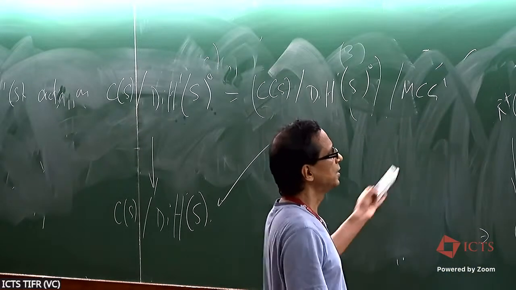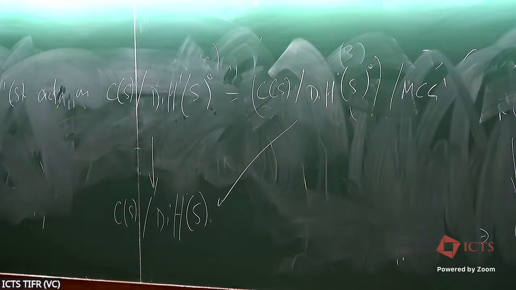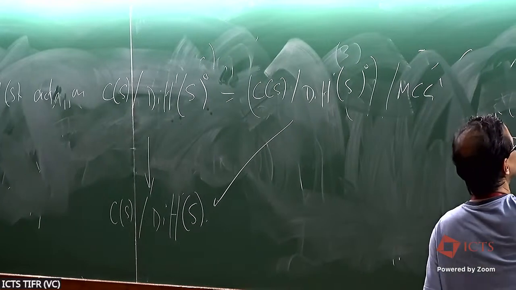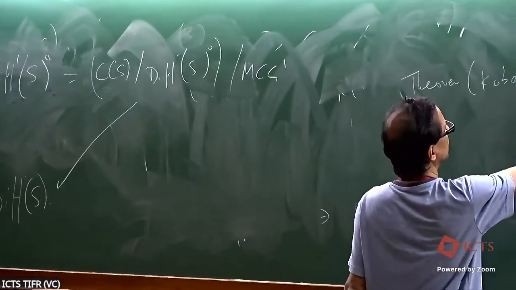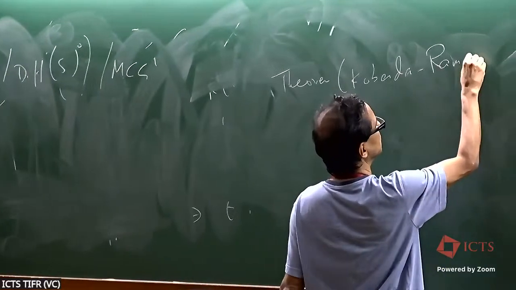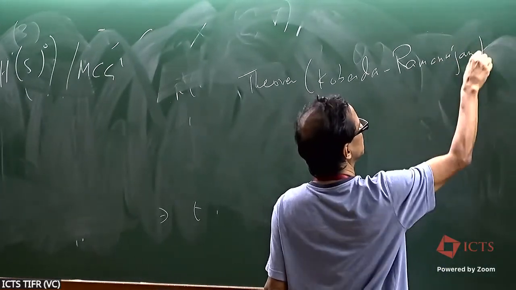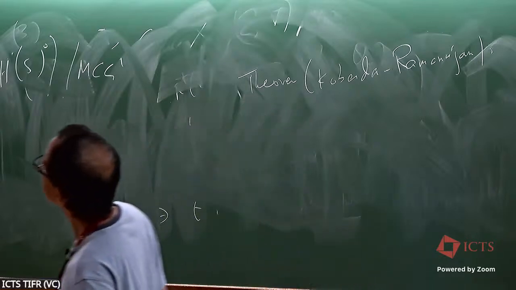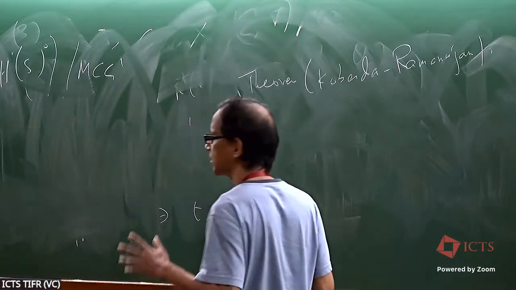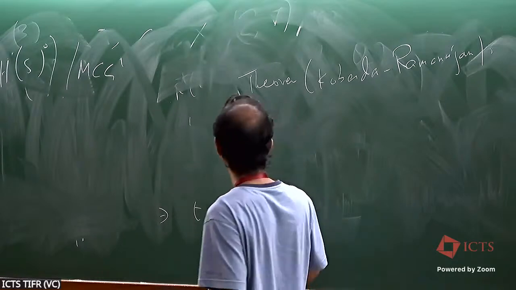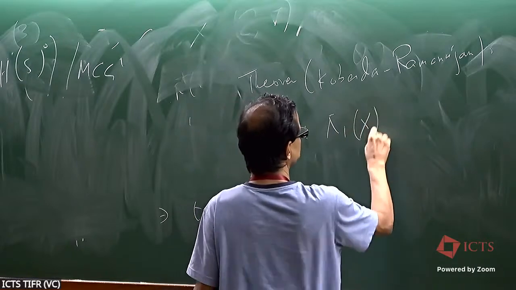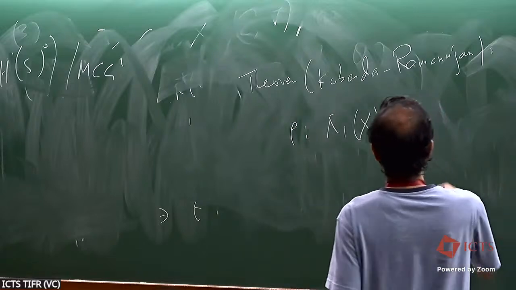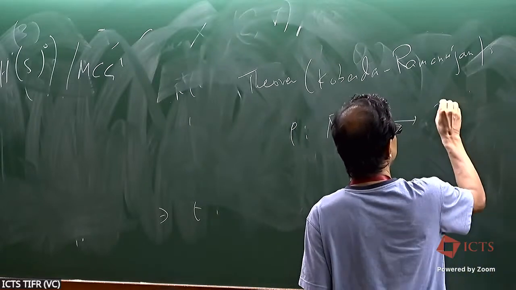So now I'll recall the result of Koberda and Ramanujan. Theorem: there exists a surface of large genus, rho from pi1 of X to GLNC, SLNC.